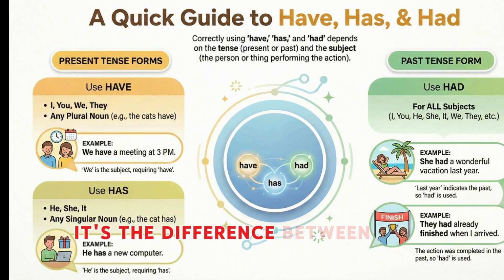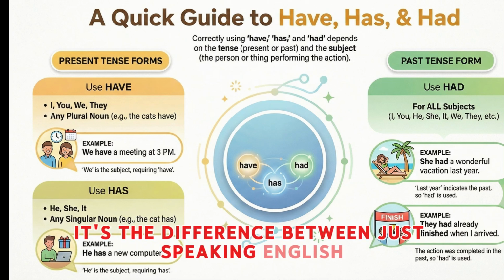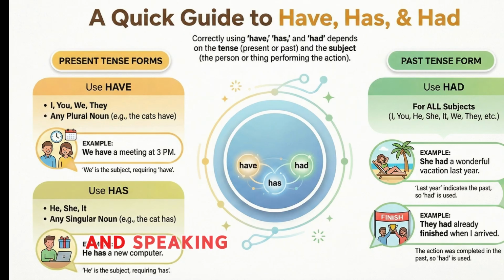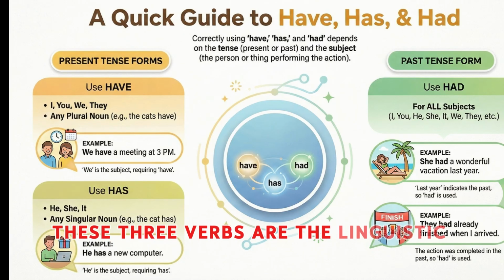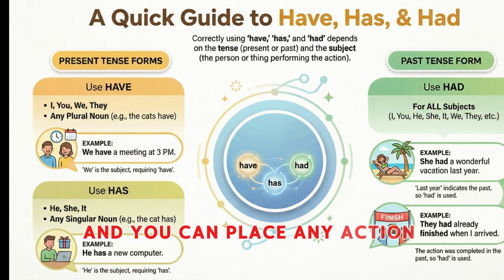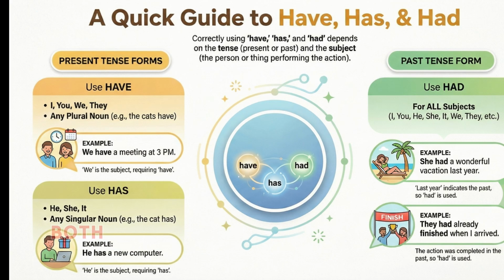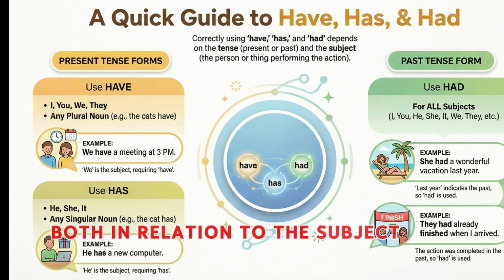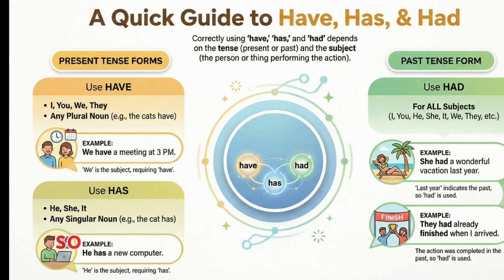It's the difference between just speaking English and speaking it with precision. These three verbs are the linguistic anchors for everything. Master them, and you can place any action exactly where it belongs, both in relation to the subject and on the timeline. So, what does this all mean for you, the listener?